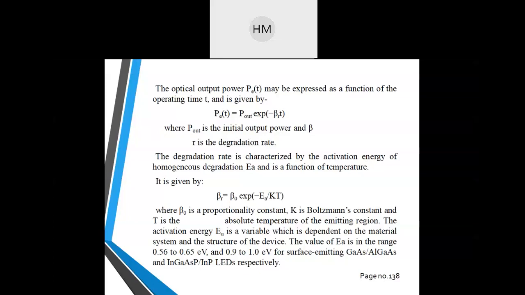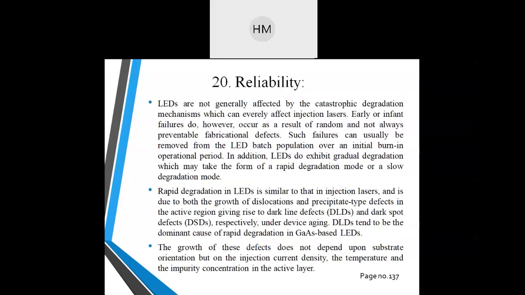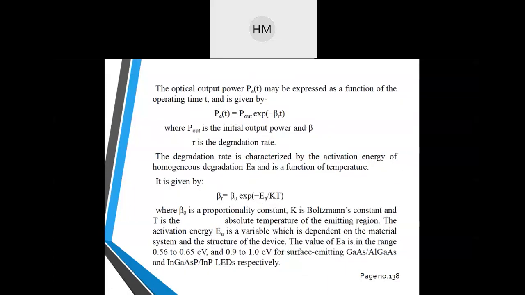The degradation rate is given by beta_R equals beta_0 times exponential of minus E_A upon KT. Beta_0 is a proportionality constant, K is the Boltzmann constant, and T is the absolute temperature of the emitting region. So if someone asks about reliability, you will have to define these parameters. Right now you will feel that so many topics are there, but once you go through these topics, it will become very easy. So this finishes the reliability.